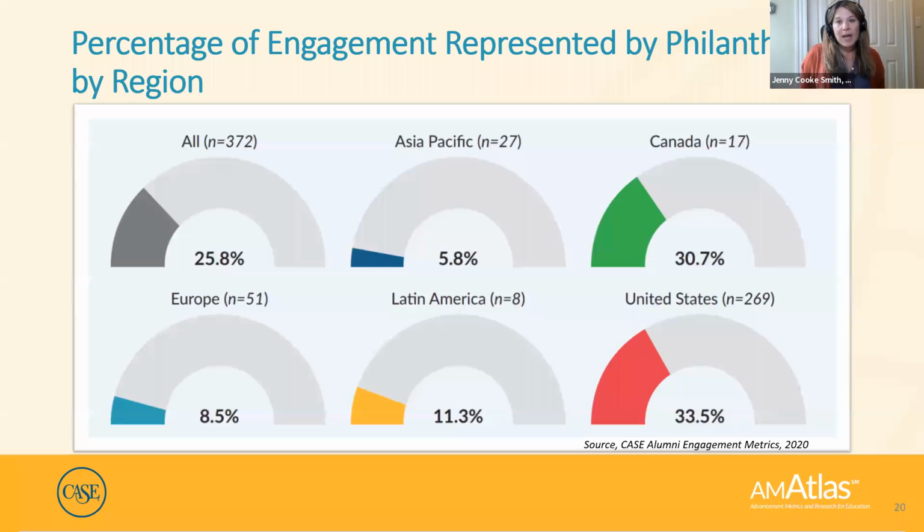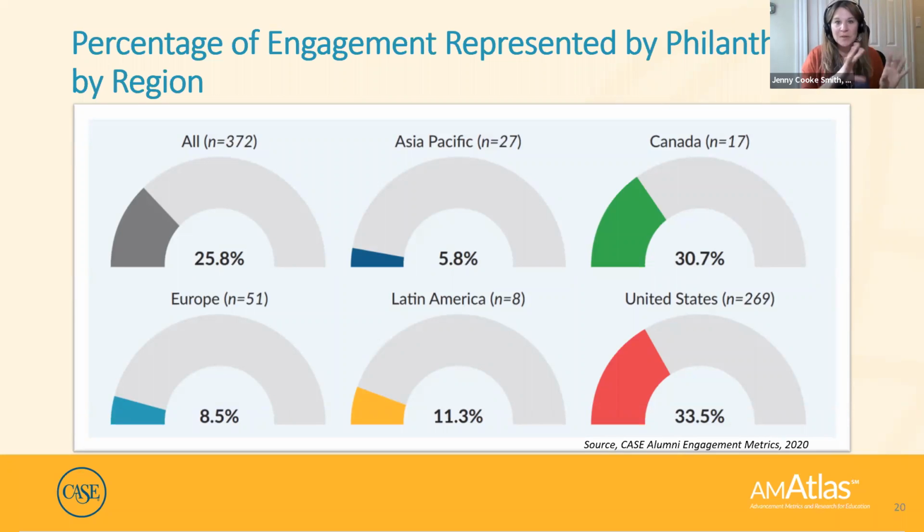So as we think about some of the key learnings in understanding this data, one of those is, I think, really exciting from a quantitative, we-can-prove-it standpoint. It's probably not terribly surprising. We looked at the percentage of alumni that were engaged and asked what percentage of that engagement is actually driven from philanthropy?